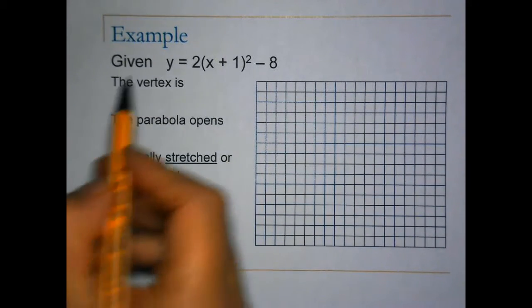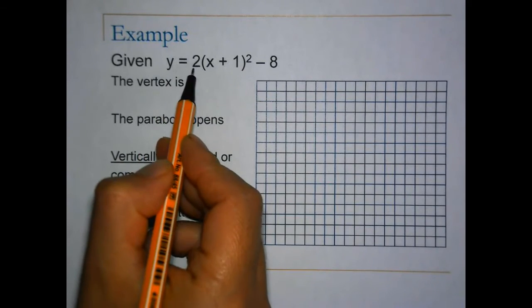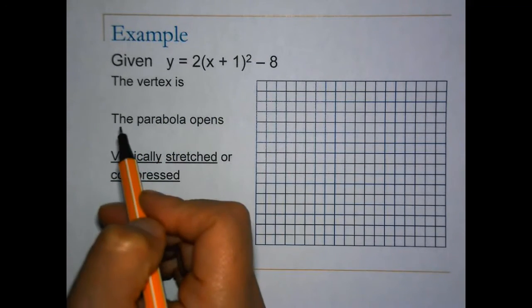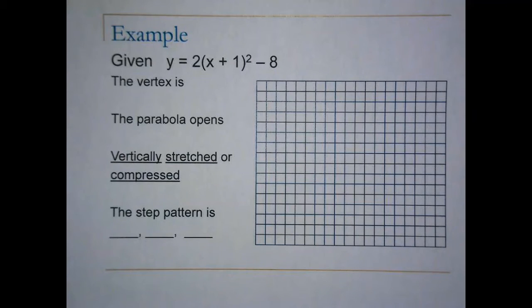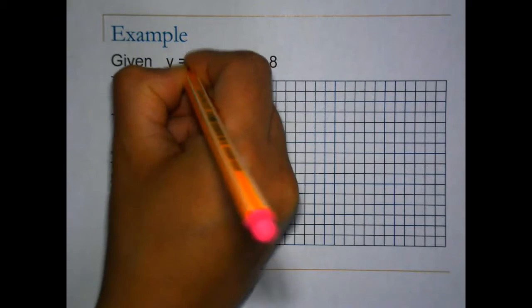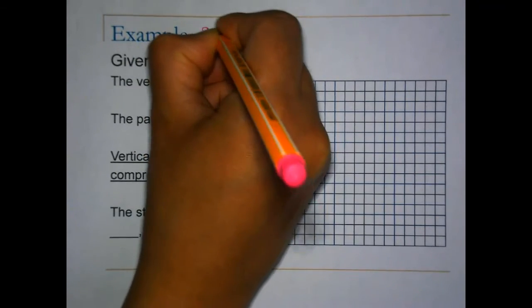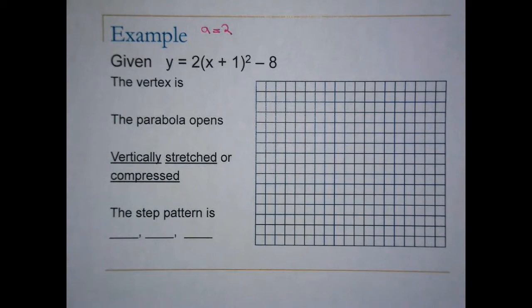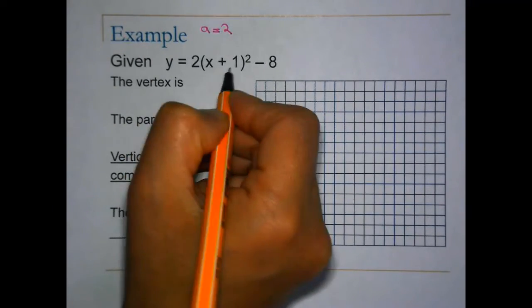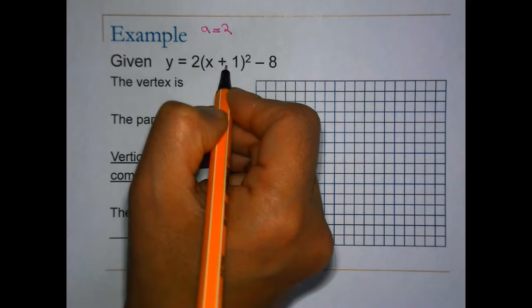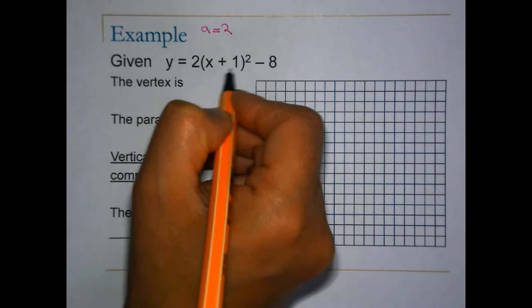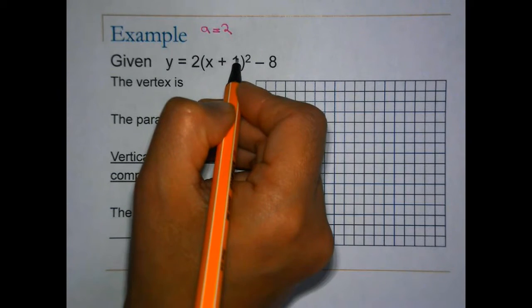Okay. Given y equals 2(x plus 1) squared minus 8. The first thing I want to do here is make sure we can recognize all the different factors that we have here. The number which is multiplied by whatever is being squared is our a, so a is 2. Now, h is what's added or subtracted inside the bracket, and if you remember, we have to choose the opposite.